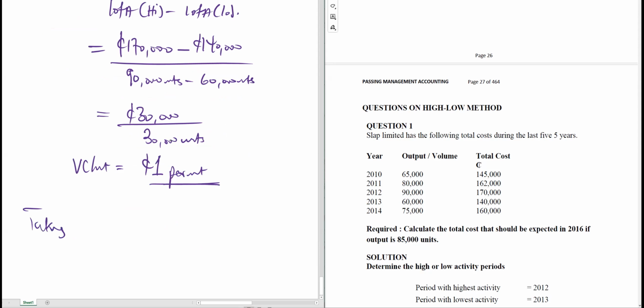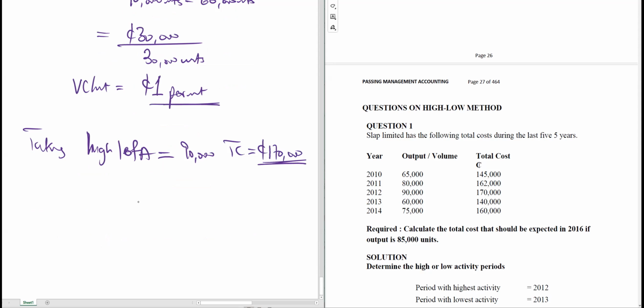Which level should we take? Taking the high level of activity, the number of units was 90,000, giving us a total cost of 170,000, no be so.